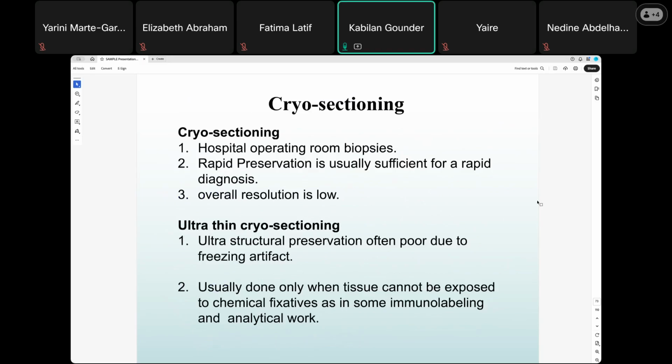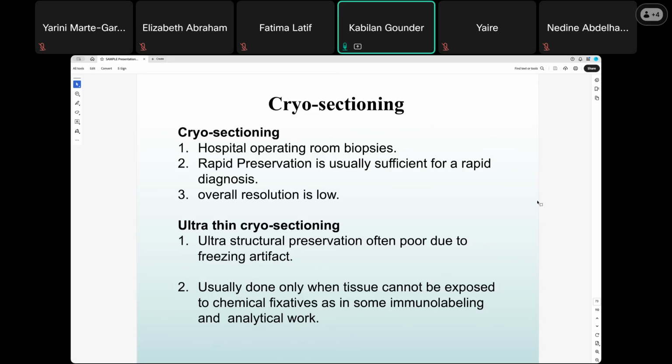So far, what we discussed is processing the samples for light microscopy. How do we process the samples? Fixation, dehydration, infiltration, embedding, sectioning, staining. Fixation uses formaldehyde or a combination of formaldehyde and glutaraldehyde. You can dehydrate the samples with either ethanol or acetone from lower concentration to higher concentration.